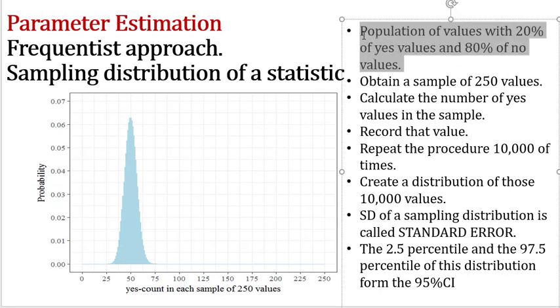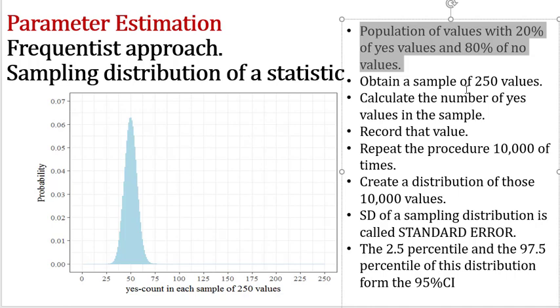We started with the assumption that the population actually has 20% of yes values and 80% of no values. So we started with that assumption, then we created the confidence interval. That assumption is based on our sample, but it may not be correct. It may not be true.